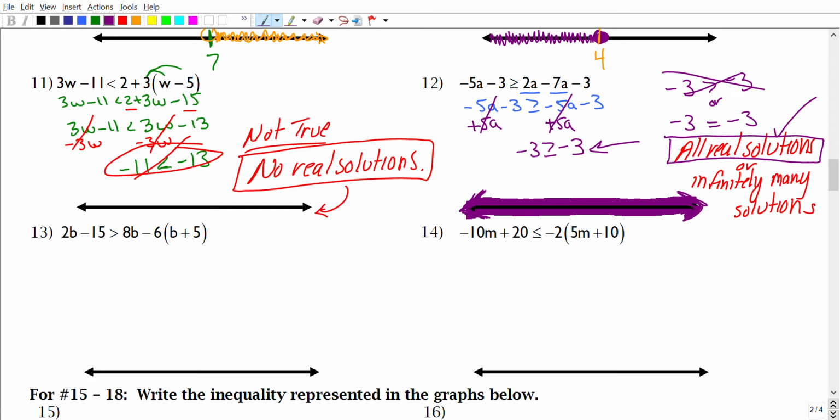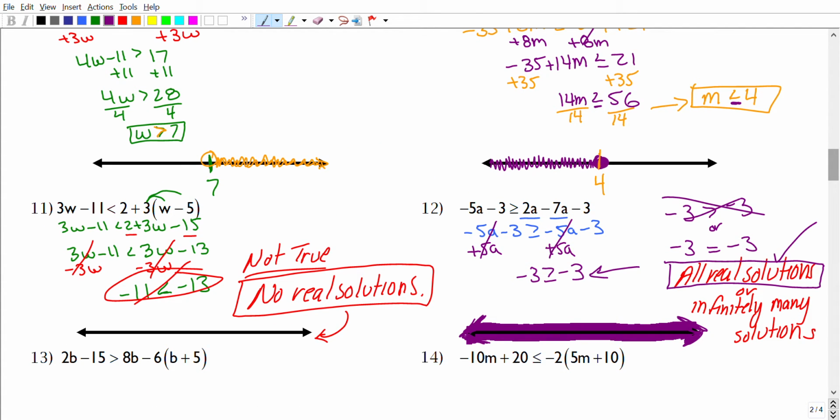Now, the reason why I'm saying that I would prefer all real solutions over you saying infinitely many solutions is because infinitely many solutions, technically, this up here for problem number 10, that entire solution set that you guys see right here, those are infinitely many.